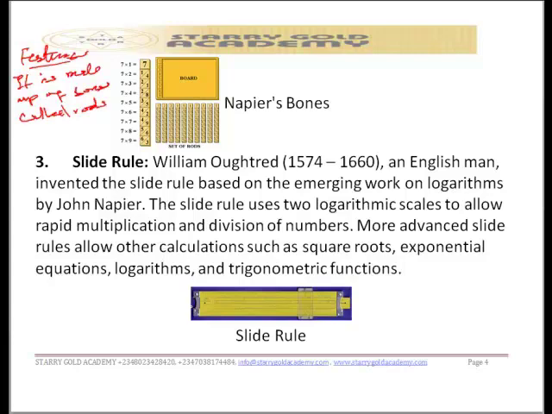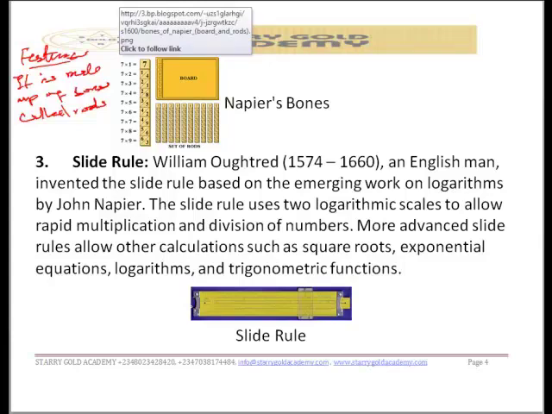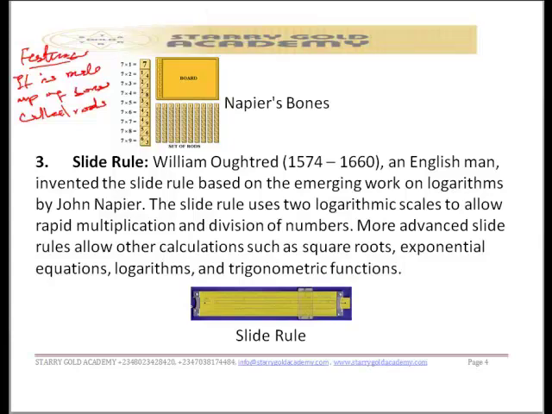Then the uses: I said earlier that it could be used for calculation of multiplication of large numbers.